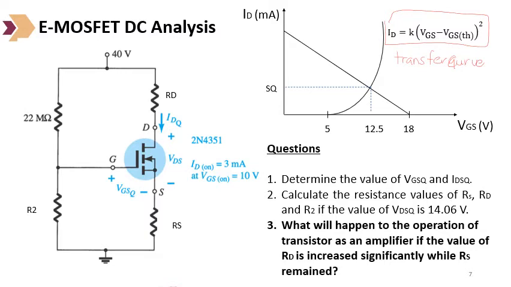From here, we know that this value we will get when the ID is equal to 0.